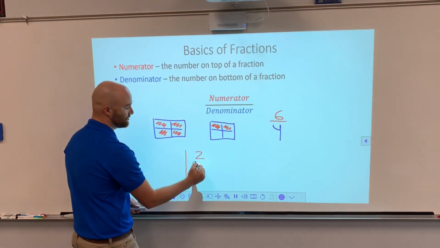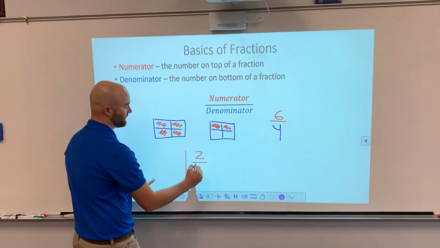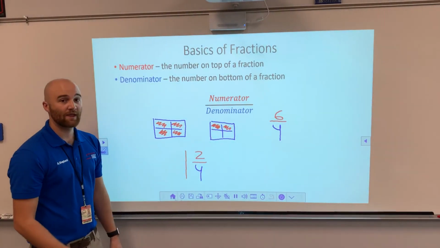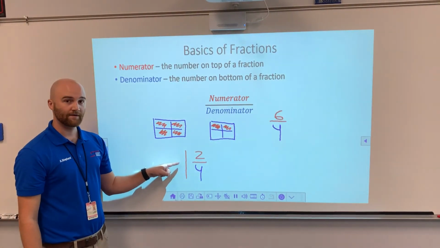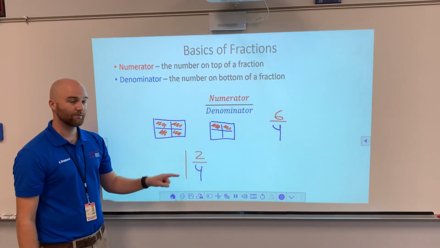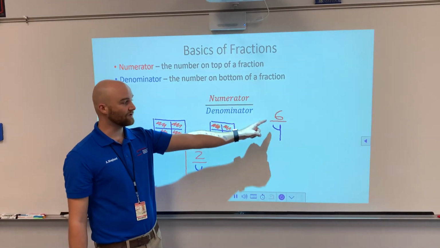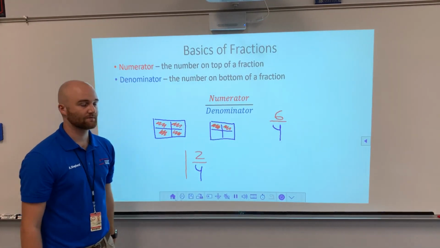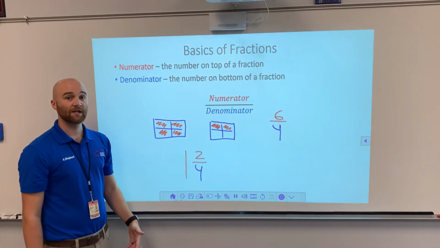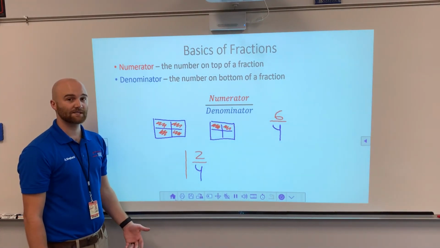So I've got 2/4 left over. That means that we have the mixed number 1 and 2/4. 1 and 2/4 is actually the same value as 6/4. Because what we're doing there is we're looking at 2 different ways of showing the same fraction.